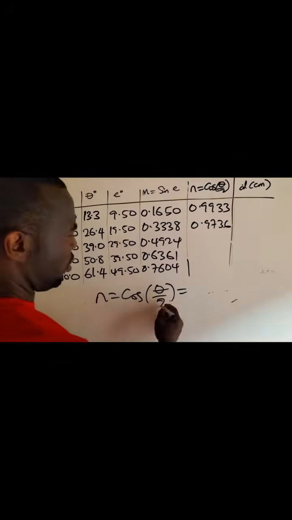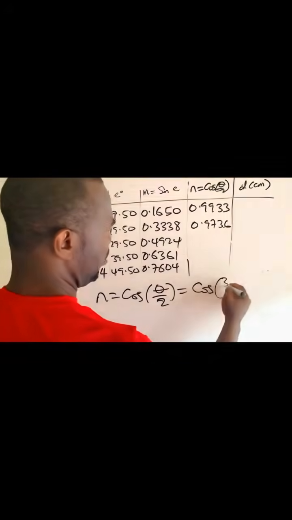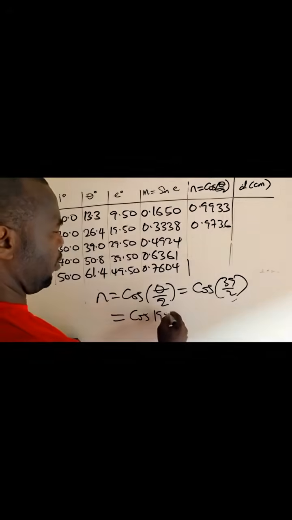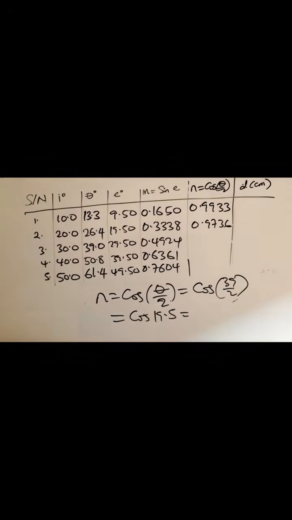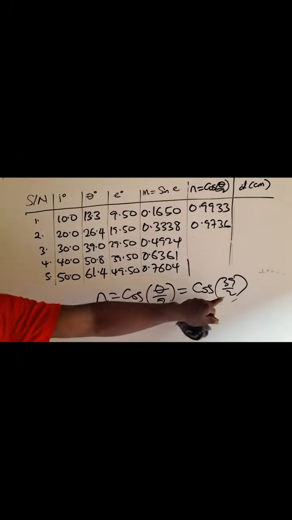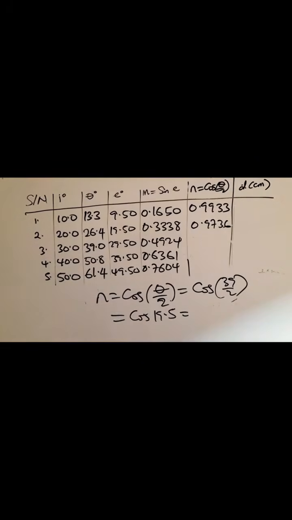So you now find cos 39 over 2, which is cos 19.5. I hope you know what these angles represent. These are things you cannot get by the experiment. We got them by calculation: the angle of refraction we multiply by 2, and we're getting them back. So cos 19.5 will give us 0.9426.